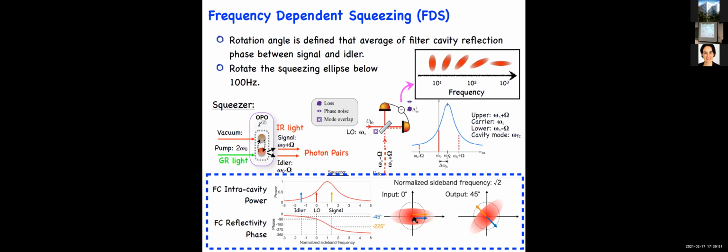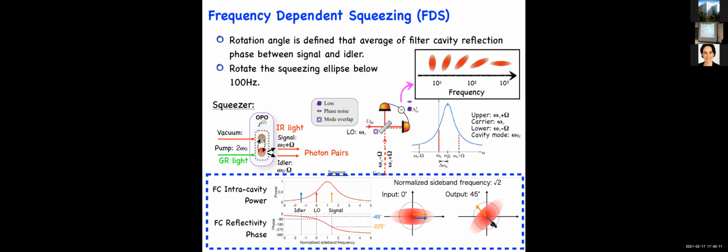Before the input to the filter cavity, we prepare this type of squeezing. But after the filter cavity, you can see the signal is phase delayed only to here, but for the idler light, the phase is delayed to here.